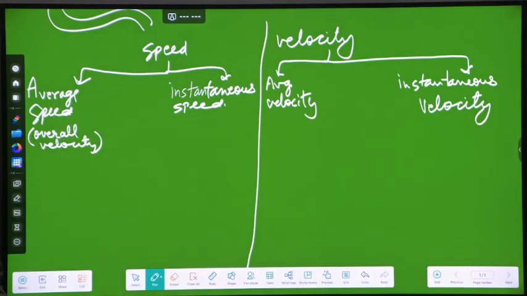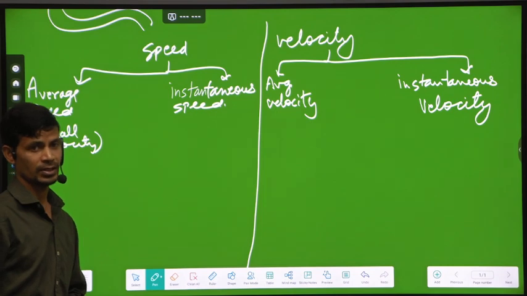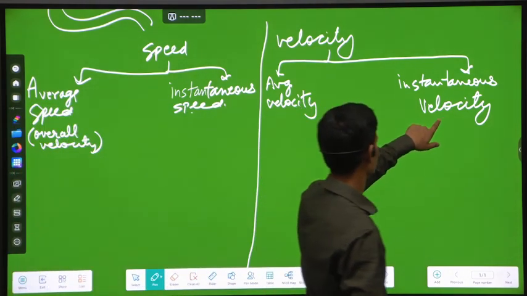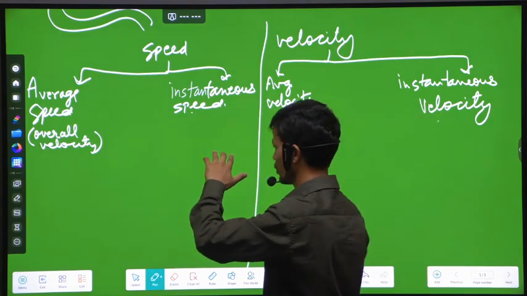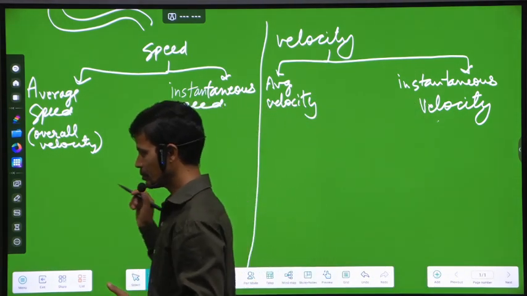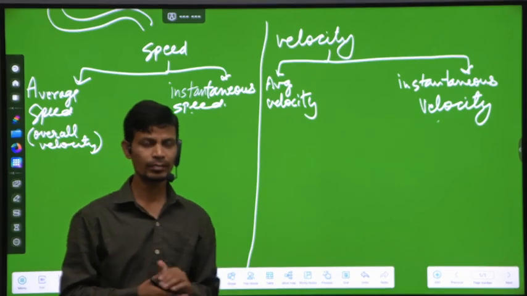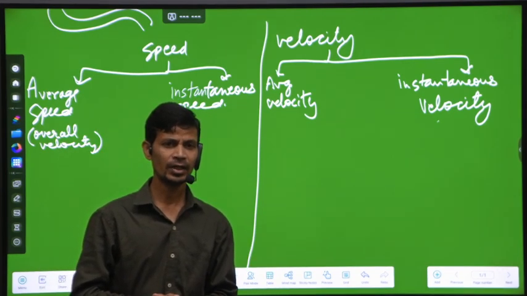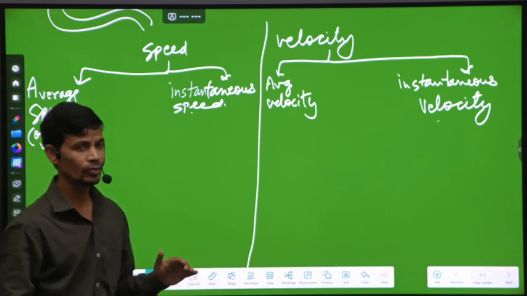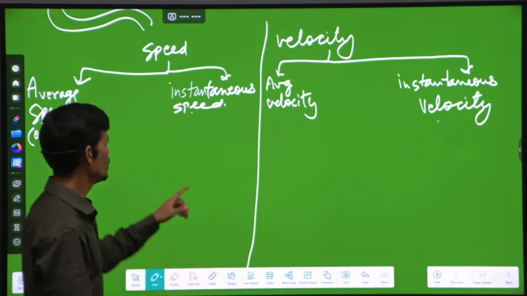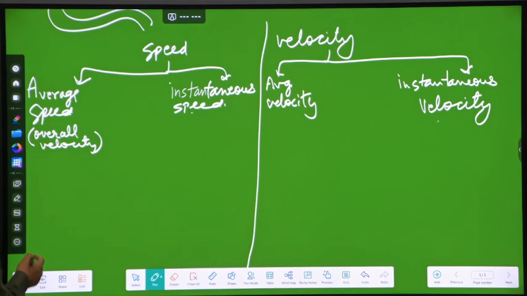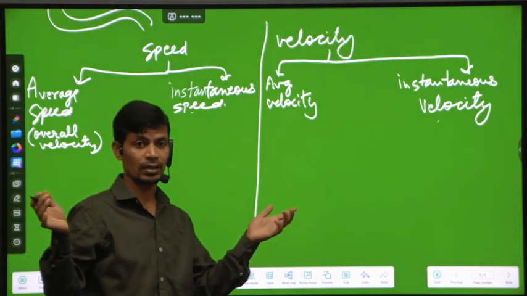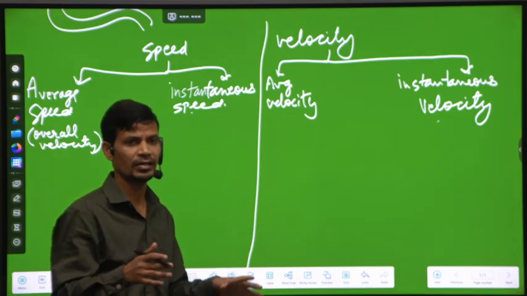Instantaneous speed and instantaneous velocity, these two are quite new terms. Actually, in class 9th you have already studied them, but now they are going to be a bit complicated. But before that, average speed. Average speed is not like adding all the speeds and dividing by the number of speeds.